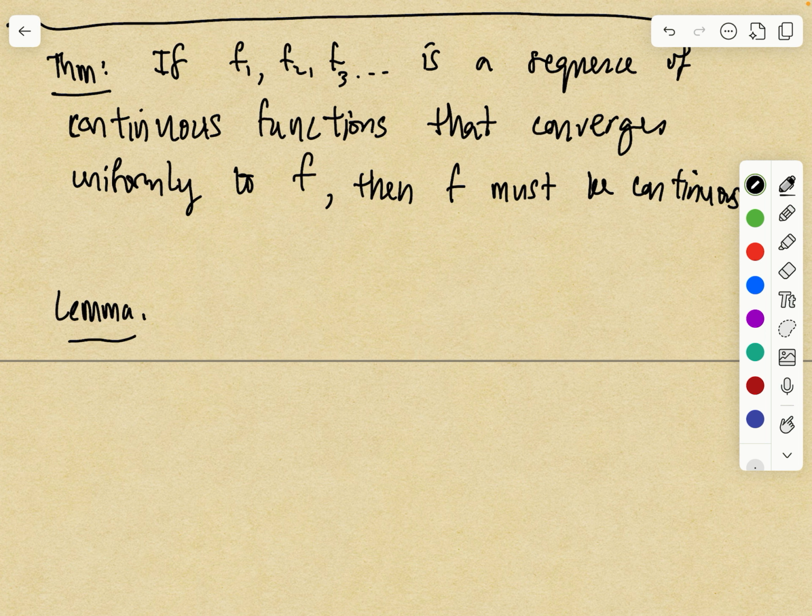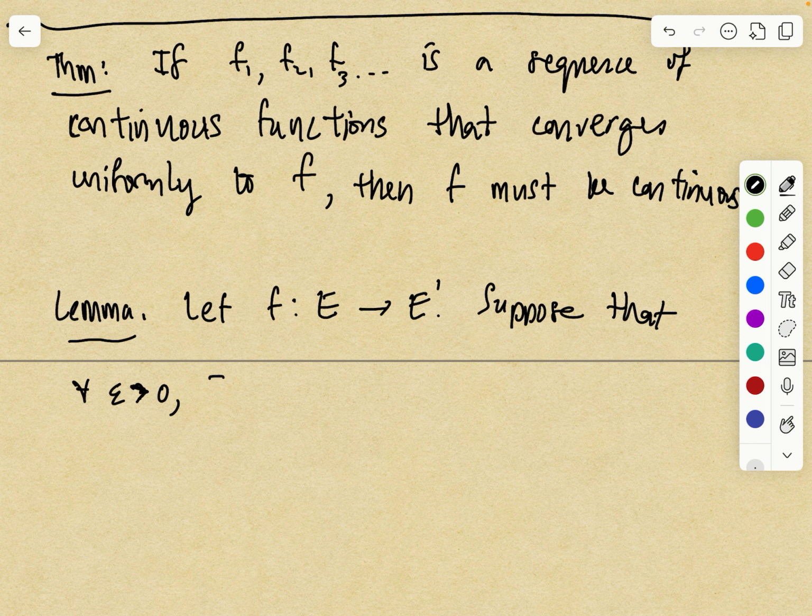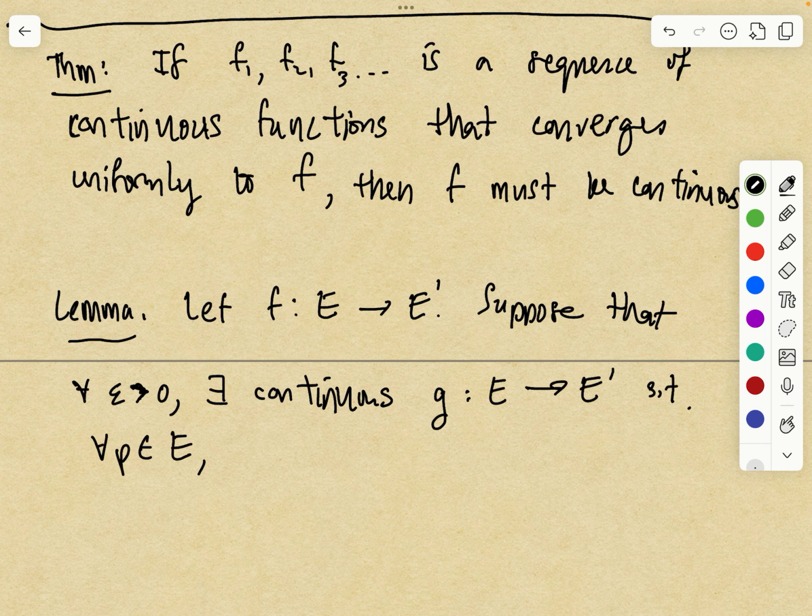So the lemma is, suppose that we have a function f from one metric space to another metric space. And suppose that for every epsilon greater than 0, there is some continuous function g from E to E prime, such that for all p in E, the distance between f of p and g of p is less than epsilon.